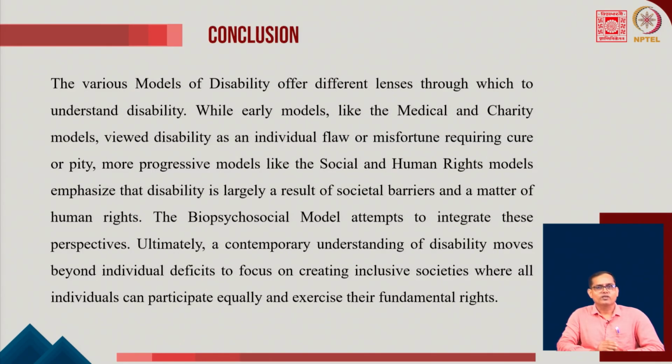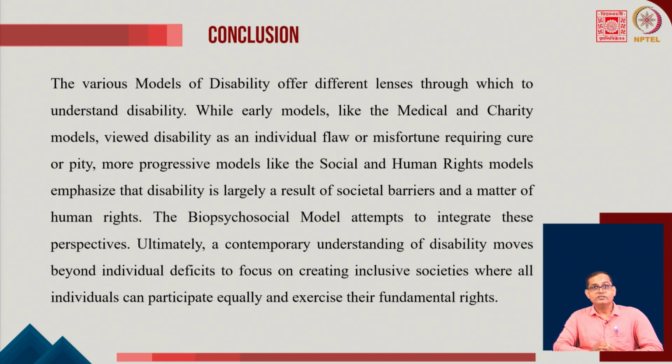After going through the various models of disability, now we can conclude that the various models of disability offer different lenses through which to understand disability. While early models like the medical and charity models viewed disabilities as individual flaws or misfortune requiring cure or pity, more progressive models like the social and human rights model of disability emphasize that disability is largely a result of societal barriers and a matter of human rights.